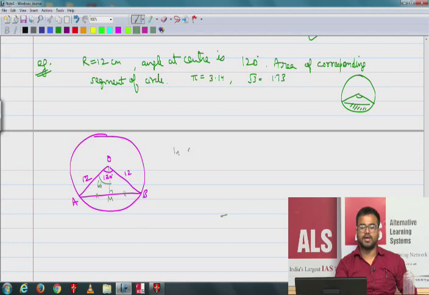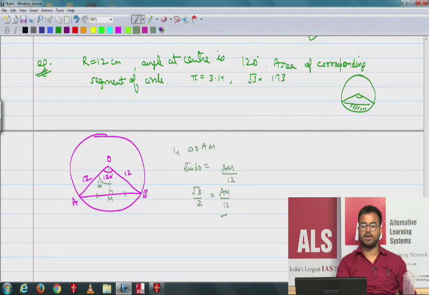Now in triangle OAM alone, we can apply the sine of 60. Sine of 60 degrees is opposite over hypotenuse, or perpendicular over hypotenuse. So the perpendicular is AM, and the hypotenuse is 12, and sin 60, which is root 3 by 2, is equal to AM by 12.